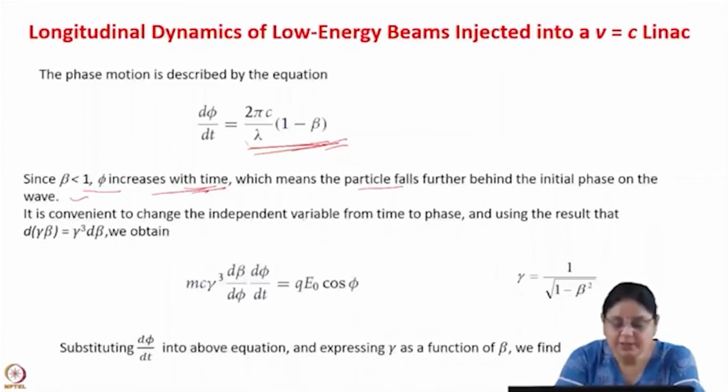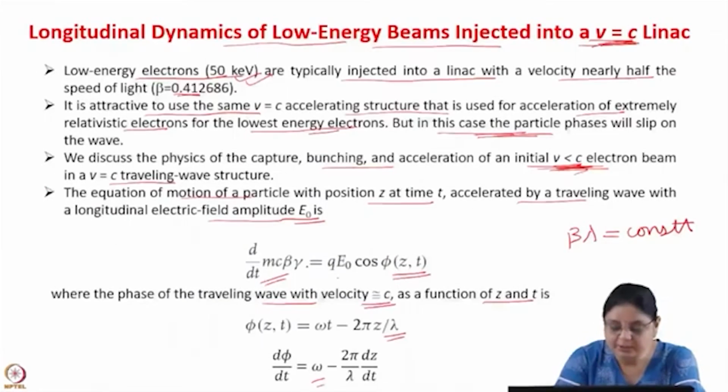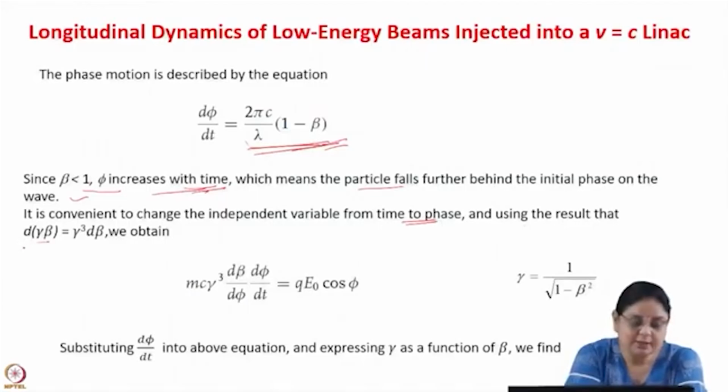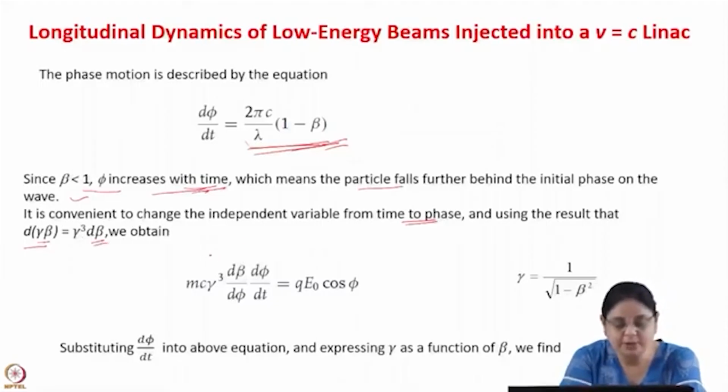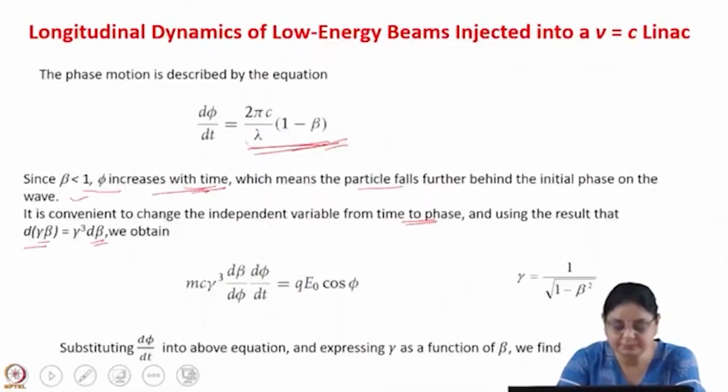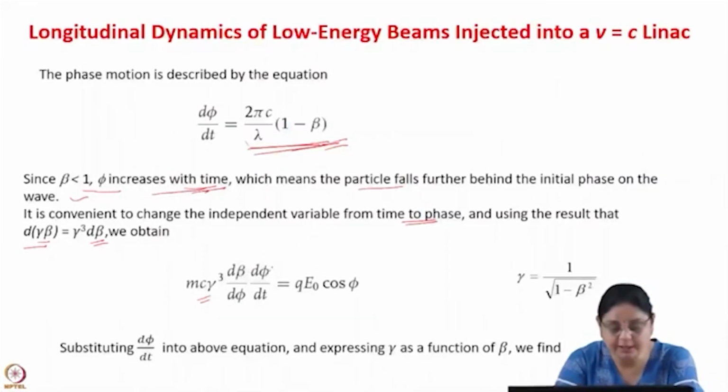Now it is convenient to change the independent variable from time to phase. Here this equation is written in terms of time. We would like to change this from time to phase. Also here we have beta gamma, so we can use the result that the derivative of beta gamma is equal to gamma cubed d beta. Substituting this in the equation, we get m c gamma cubed d beta by d phi times d phi by dt equal to q E0 cos phi.